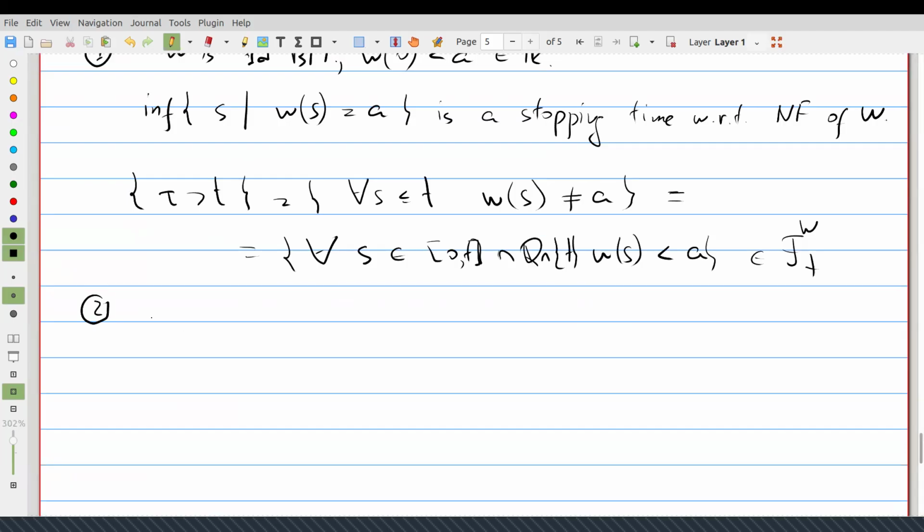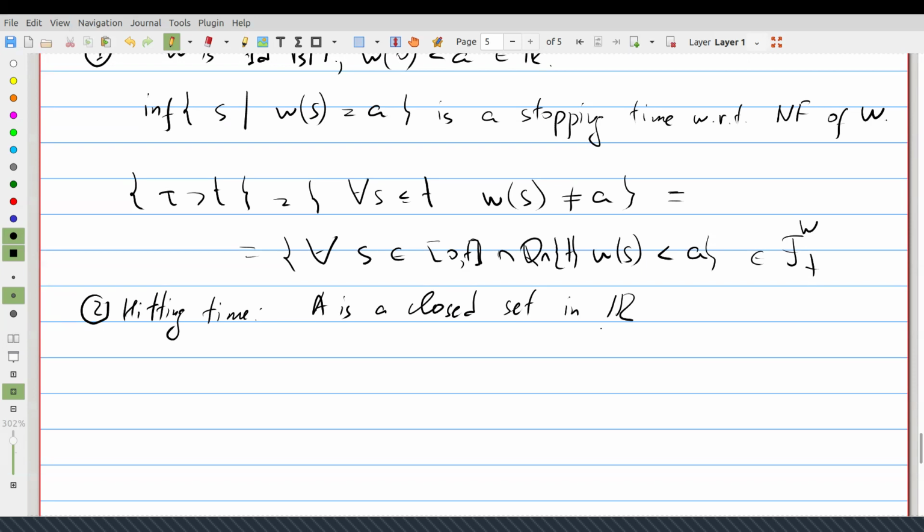So effectively, this is the simplest example of what is called a hitting time. If A is a closed set in R, I will speak mostly about one-dimensional Brownian motions, but nothing really changes during this lecture if you consider multidimensional Brownian motions.